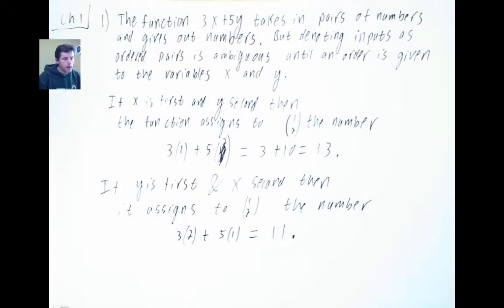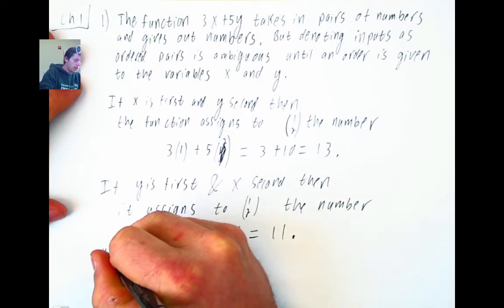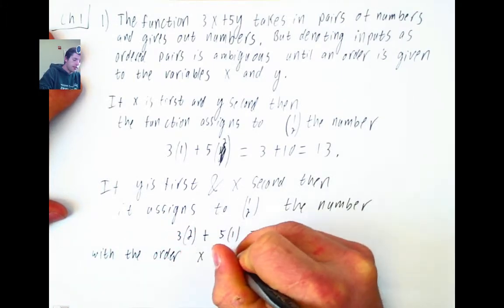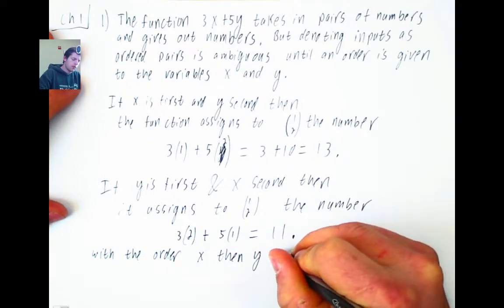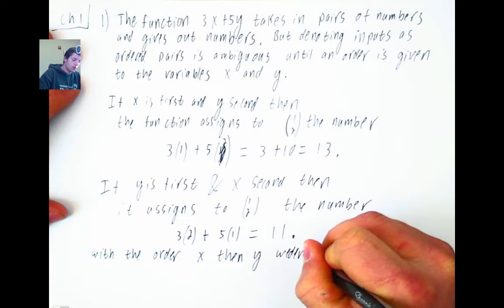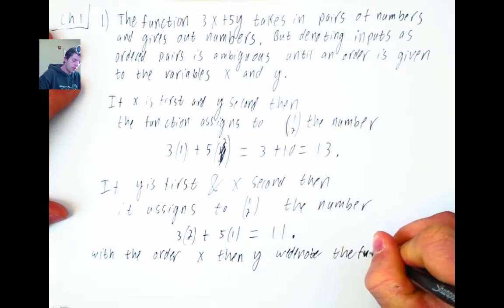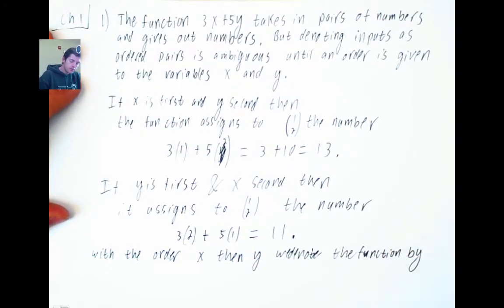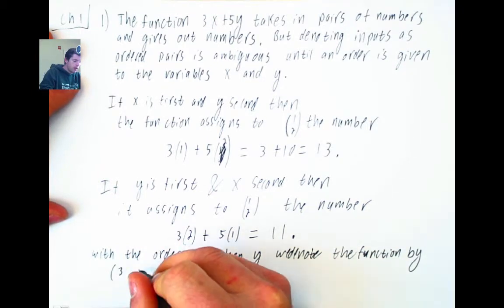So, with the order x then y, we denote the function by the coefficients of the variables 3 and 5.